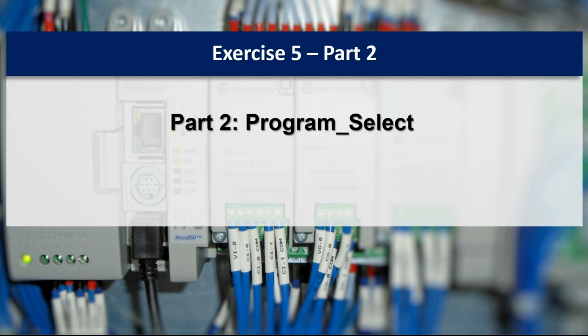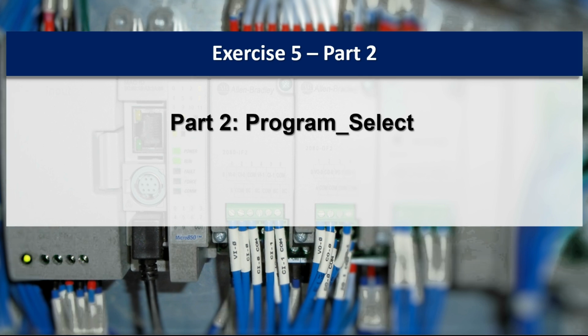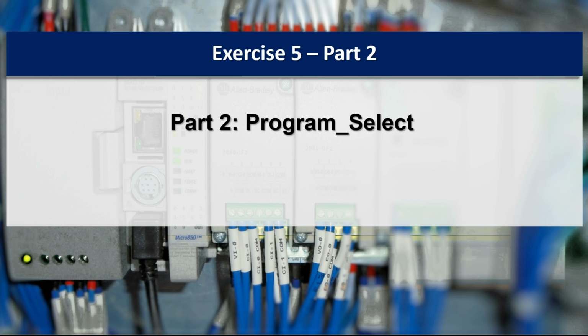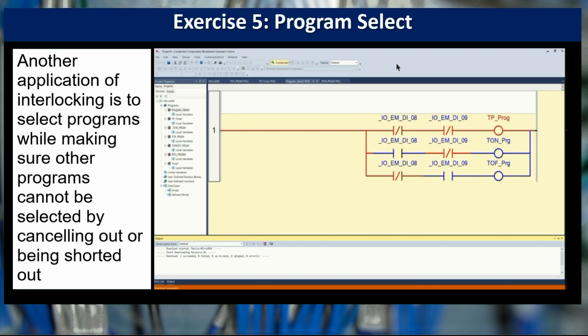The first part of our lab looks at the program select to see another application of interlocking. So part 2 of the exercise was to open and examine program _select.